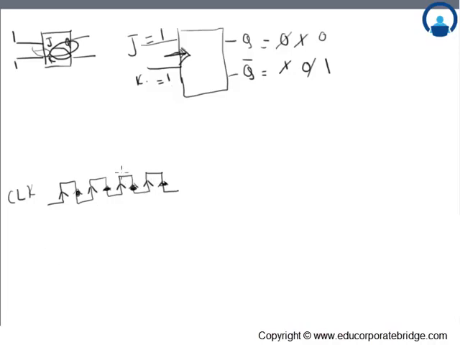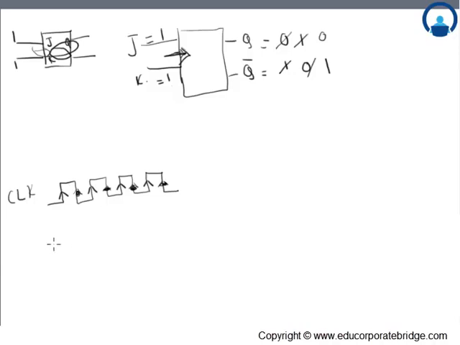As seen from the circuit diagram, the output of the JK flip-flop changes only when the clock changes from 0 to 1, since it is a positive edge triggered flip-flop. So we can work out the output of the JK flip-flop.